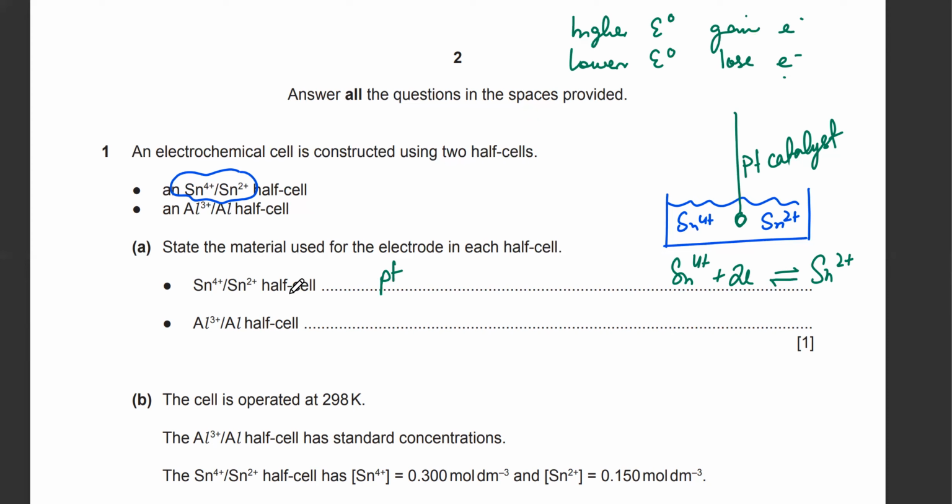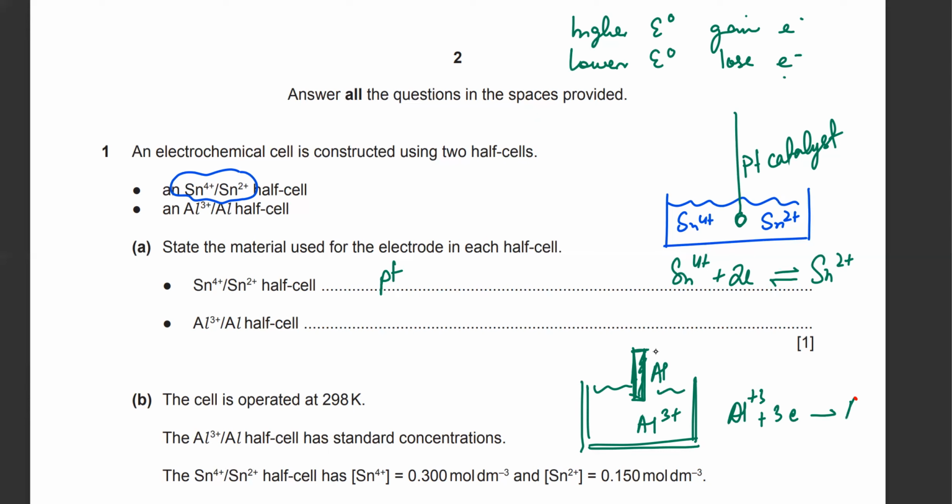In the second case, if you have a metal and a metal ion electrode, then the metal itself can act as the electrode. For example, you have aluminium and Al3+ ions. The metal itself can act as the electrode. Again, a reaction would start: either aluminium ions would start gaining electrons to form Al, or vice versa.